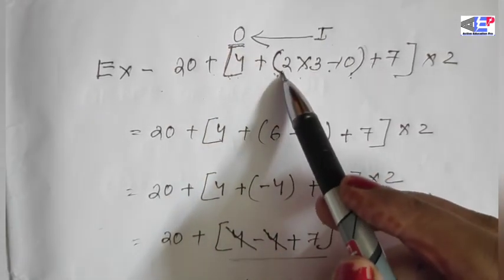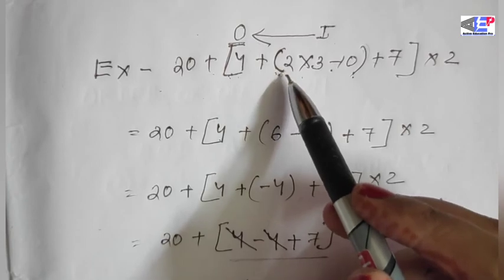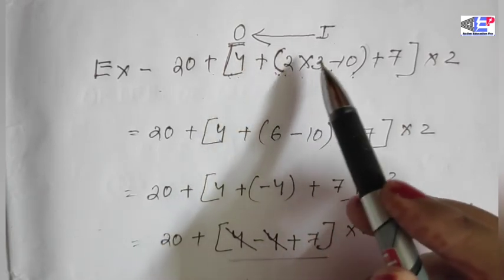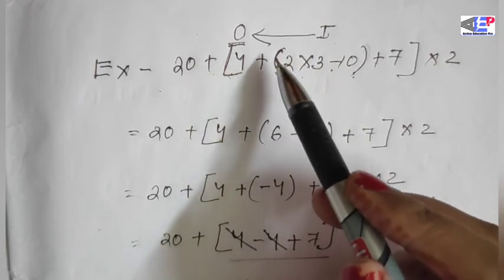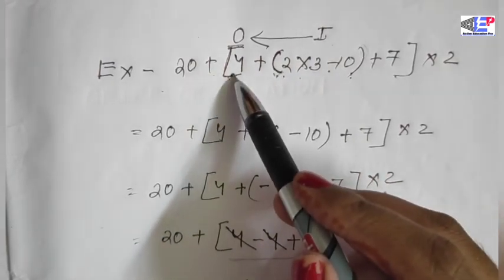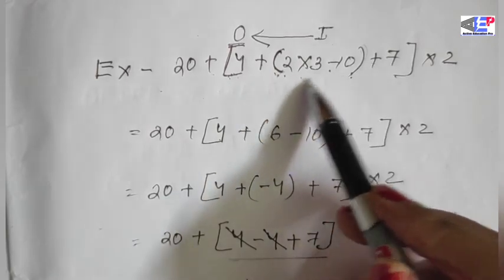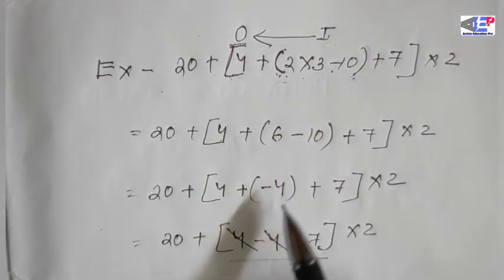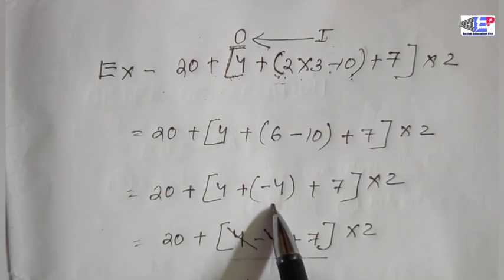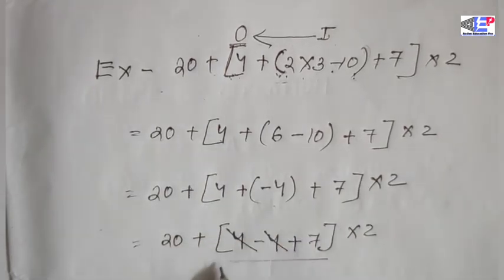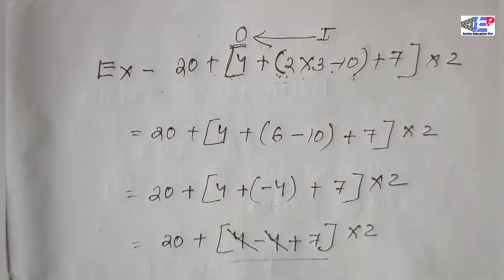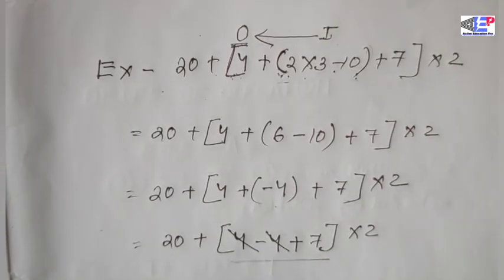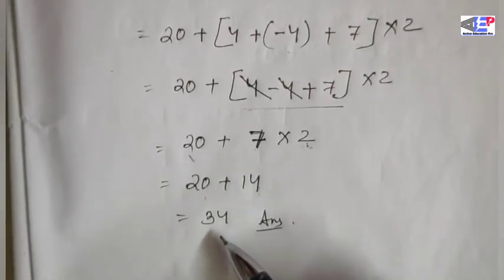I mean, first evaluate the inner bracket and then gradually go to the outer bracket. First we have to evaluate this round bracket. As per BODMAS rule, evaluate and answer is -4. Then evaluate the square bracket, answer is 7. Then simply multiply with 2 and add with 20. Multiply with 2, 14, and then add with 20 is 34.